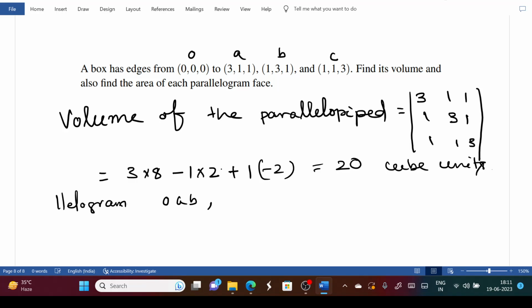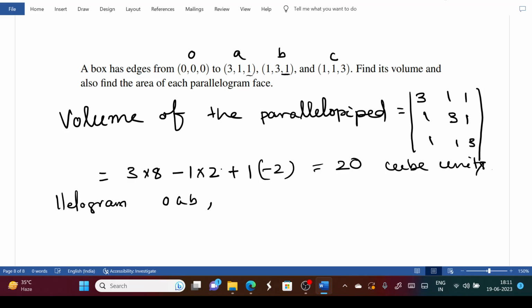What will it be? Observe here, on this side, both third components are fixed. That means it is 1 unit above the xy plane.